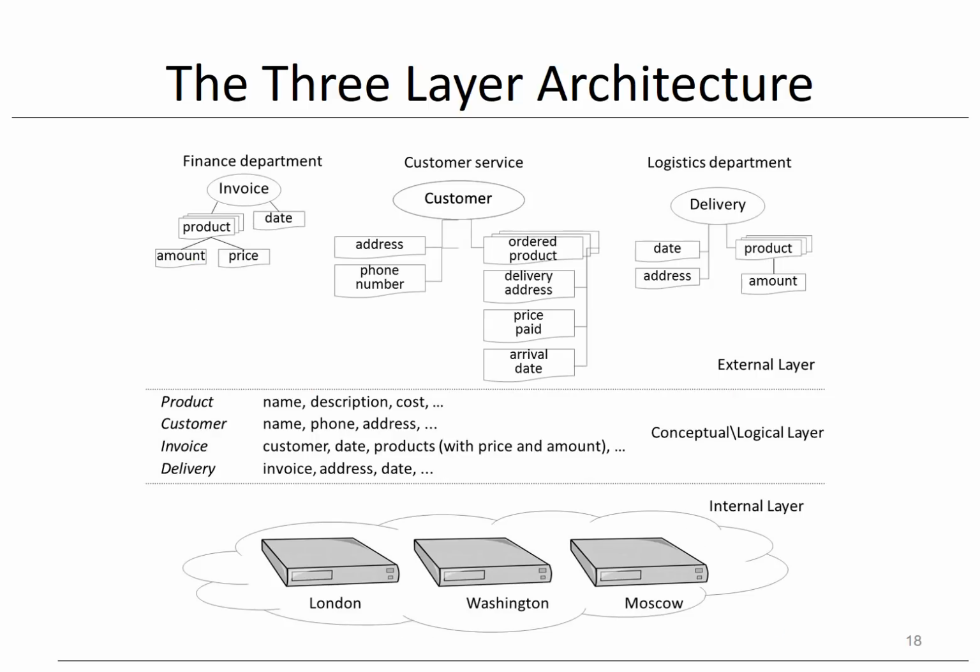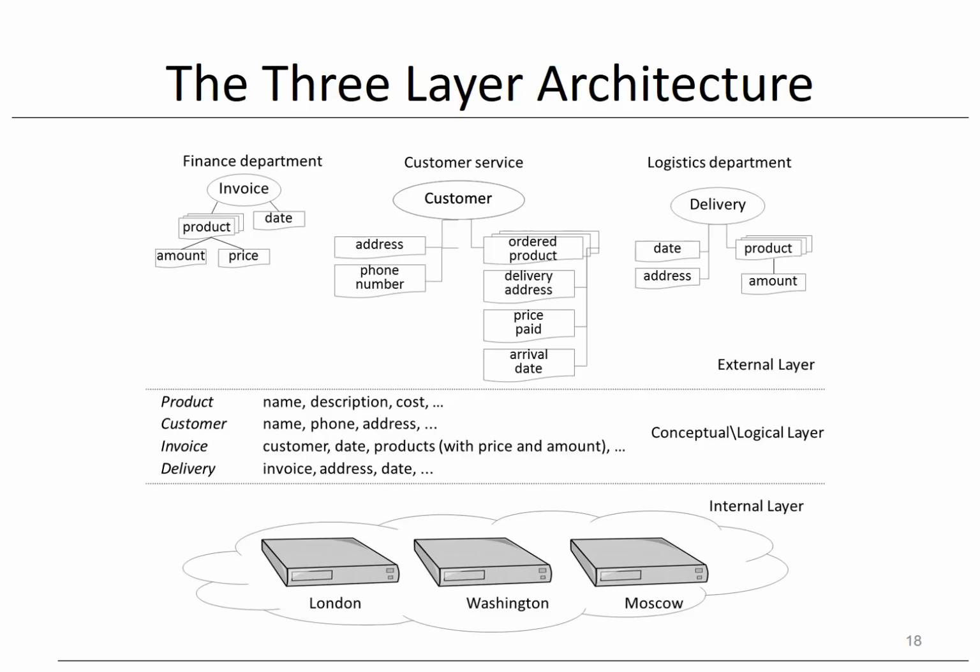This figure illustrates the three-layer architecture for a procurement business process. The conceptual logical layer defines the data items such as product, customer, invoice, and delivery. The internal layer contains the physical storage details specifying how and where the data is stored.